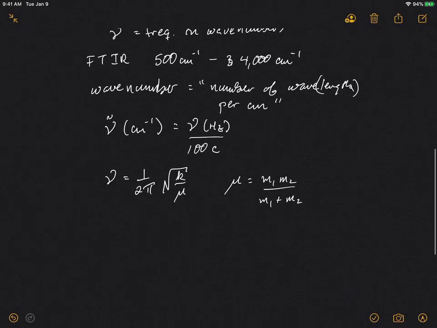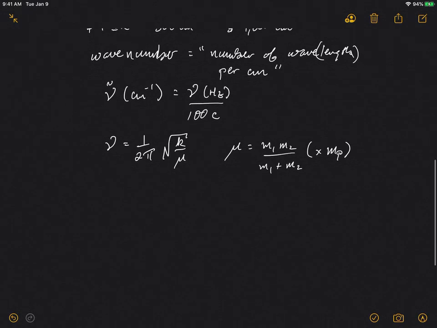we use m1 m2 over m1 plus m2. And then if these are in integer atomic mass units, we'd multiply by the mass of a proton. By sticking to integers, this simplifies the problem a little bit.